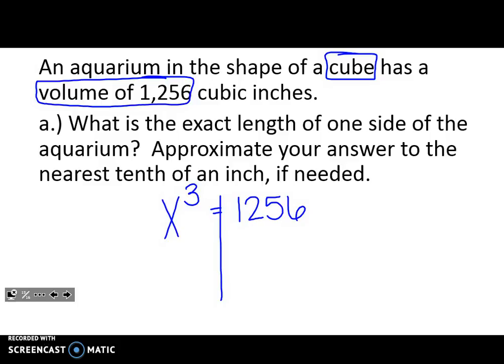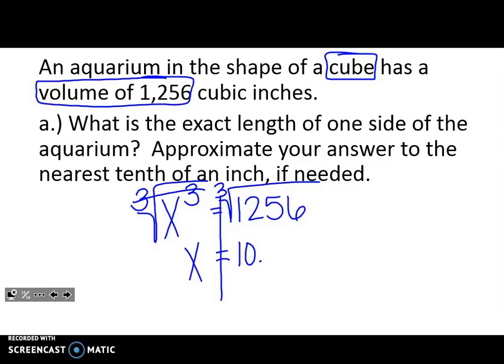The opposite of cubing a number is cube rooting it. What I do to one side, I have to do to the other. So I take the cube root of 1,256, and it tells me to approximate my answer to the nearest tenth.